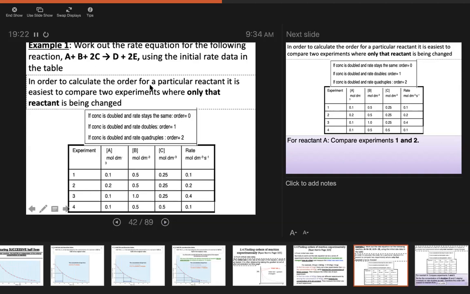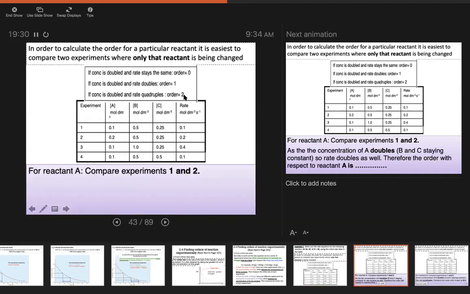Okay, now going back to the statement where it says, compare 2 experiments where only that reactant is being changed. So what they have done in this experiment is they start with the first experiment, okay? A, B, and C are all your reactants, right? The concentration is given and the rate. Now the rate is the initial rate, okay?